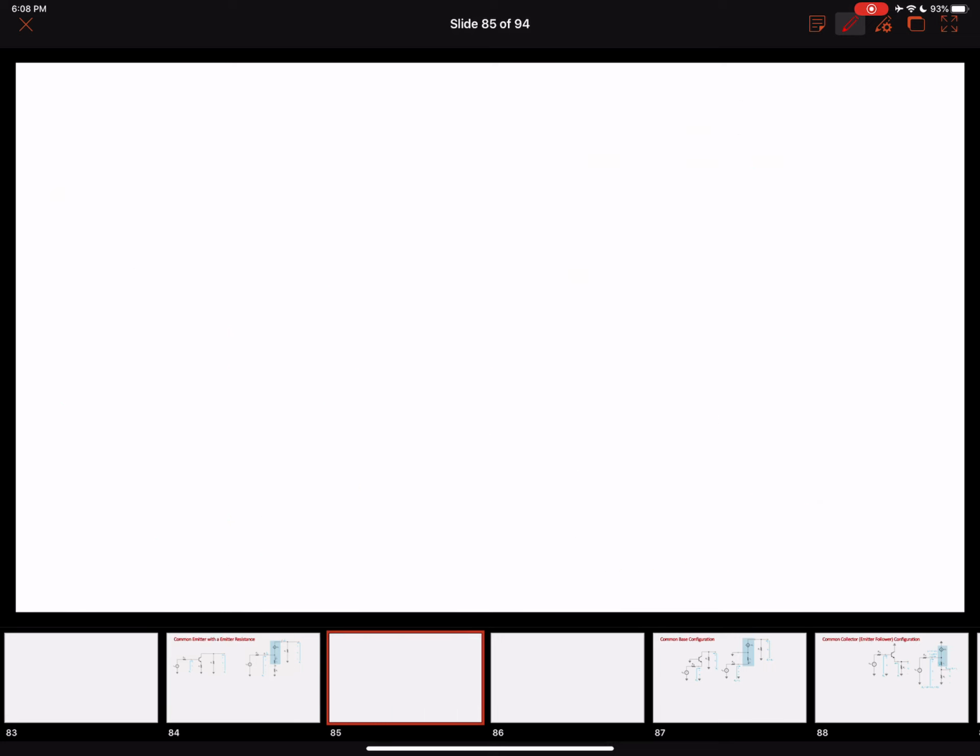Our Rin equals VI over IB, which should be equal to small re plus capital RE into 1 plus beta. So this is the value of the resistance that we ended up finding.